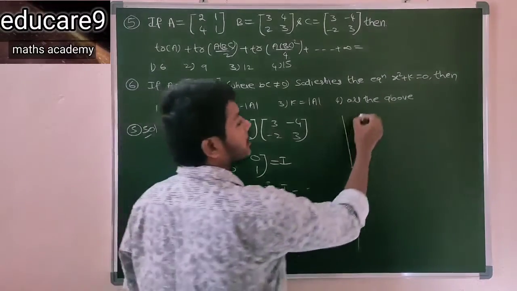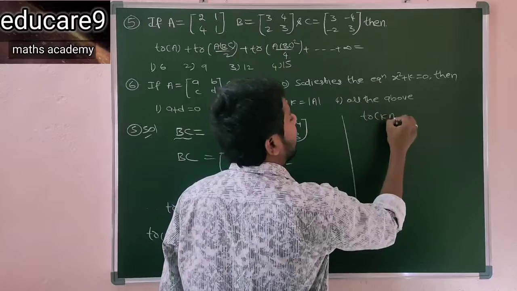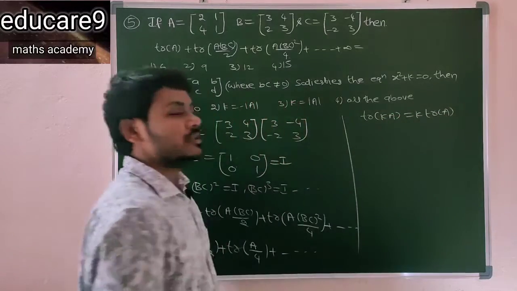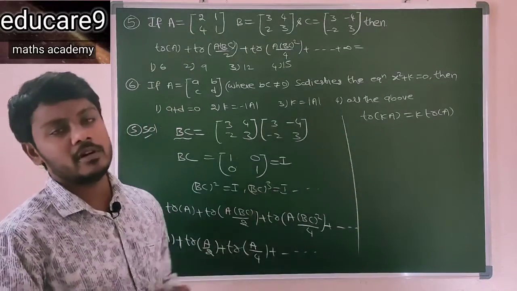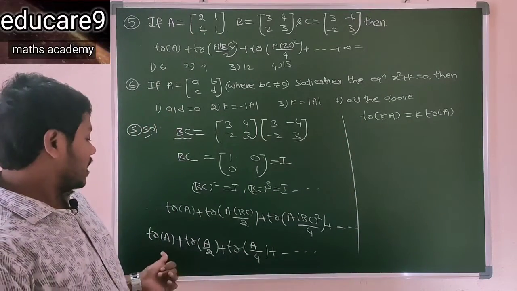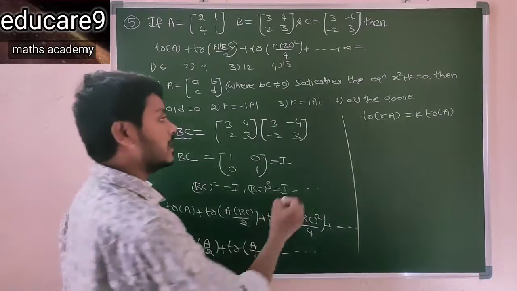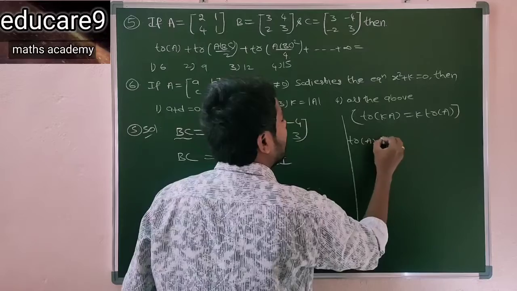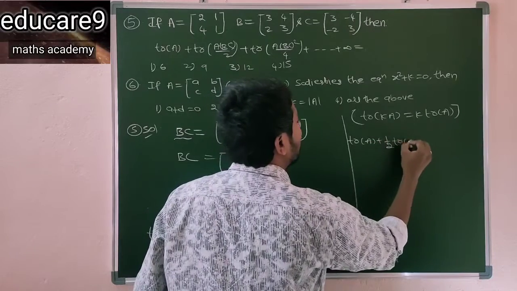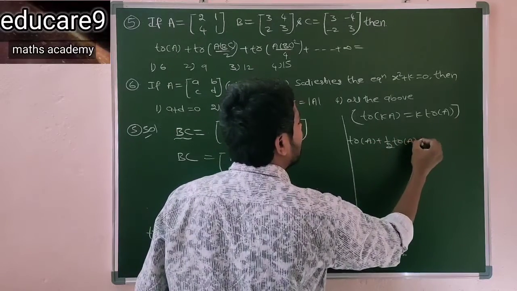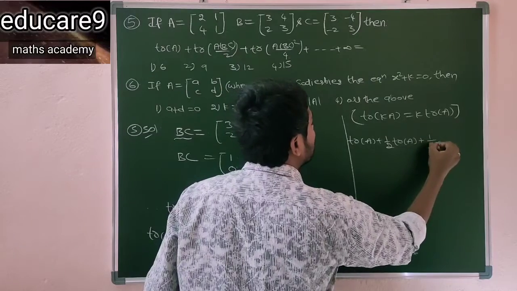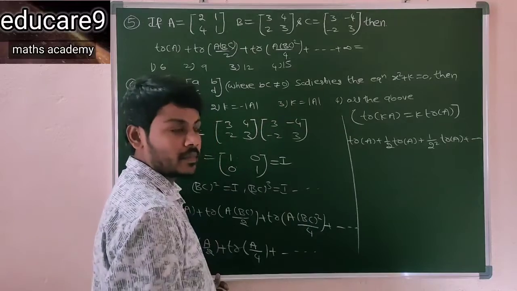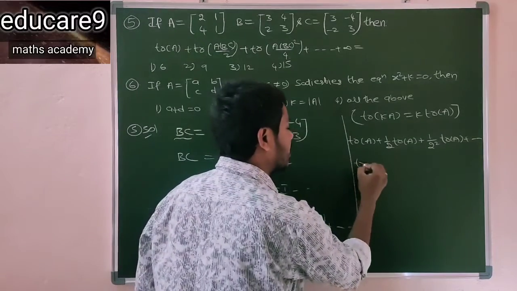So you know that trace of kA can be written as k into trace of A. This is one of the properties of a trace. Now here this can be written as trace of A plus 1 by 2 trace of A plus 1 by 4, that is 2 square, trace of A and so on. Now here trace of A is common.